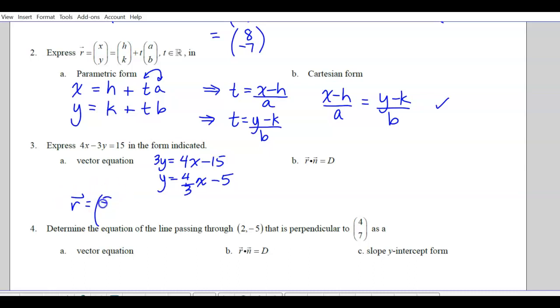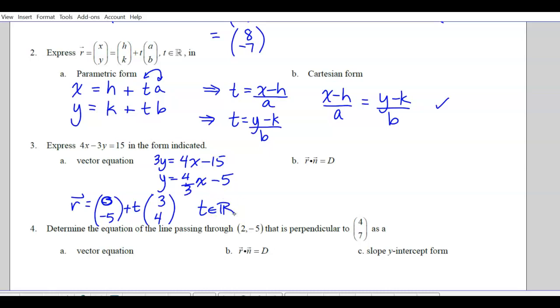So y-intercept is 0 for x, -5 for y, and then I'll use t. My direction vector, so the slope is rise over run. Remember, rise is your y, and run is your x. And then t is a real number.